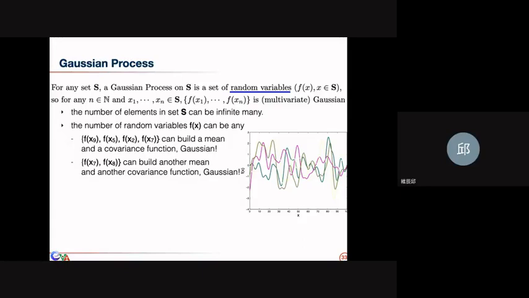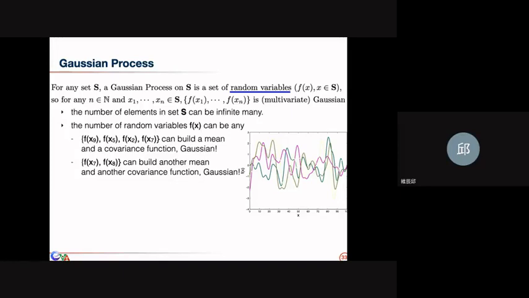Such that you can compute its mean and covariance function of this Gaussian. And you can use any arbitrary combination of your data points to build up this group, right?